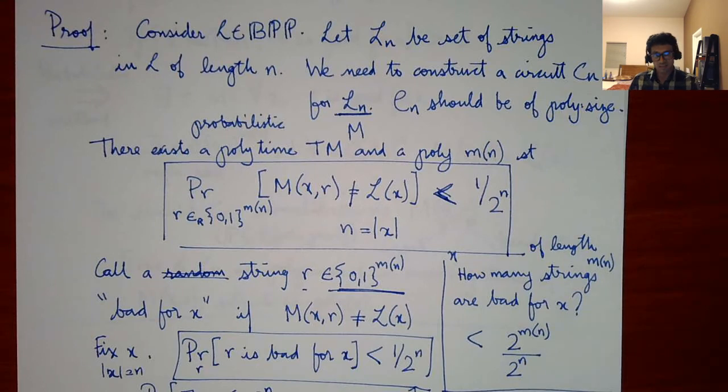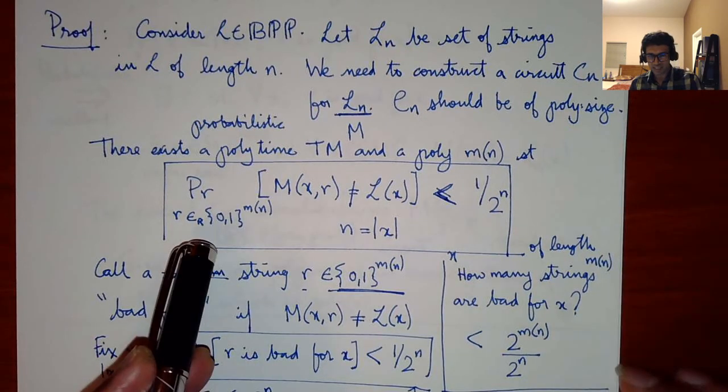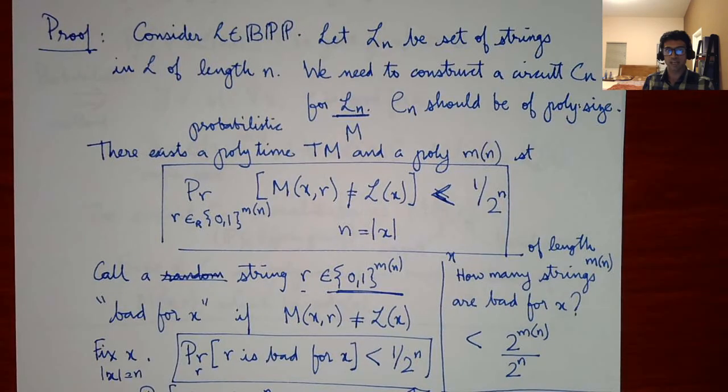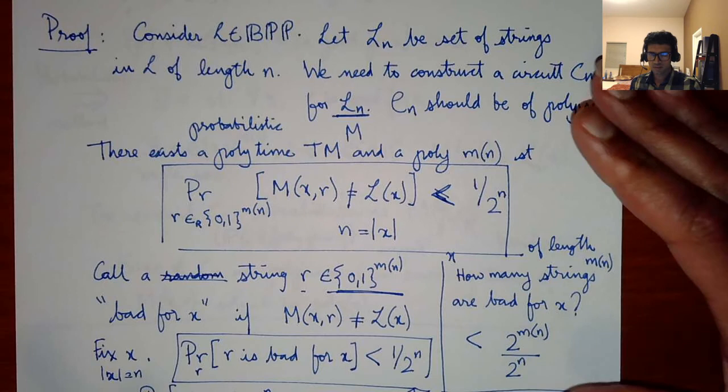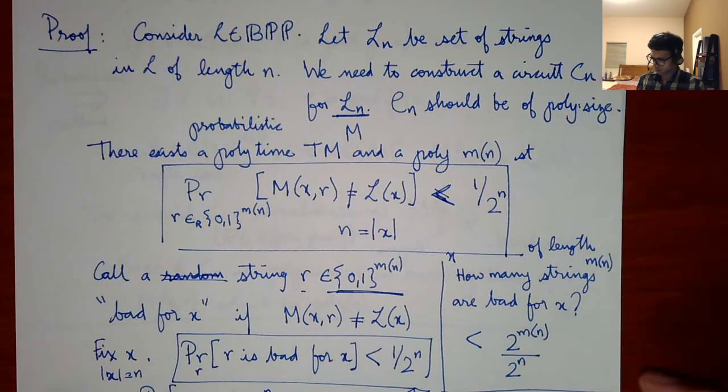Instead, we can show that BPP is in sigma 2 by getting this intuition that this is almost like some kind of a certificate, but then how do you check? And so this is what we're going to get to next. Any questions about this? Okay.